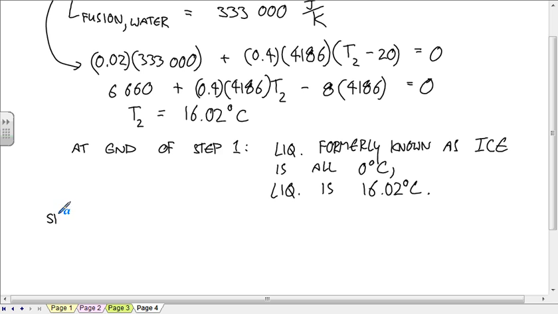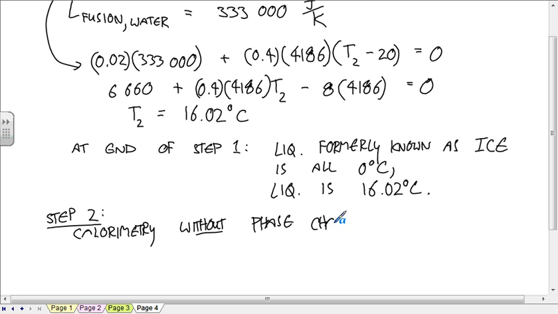And so step 2, we're just going to do calorimetry without phase change to find the final temperature.